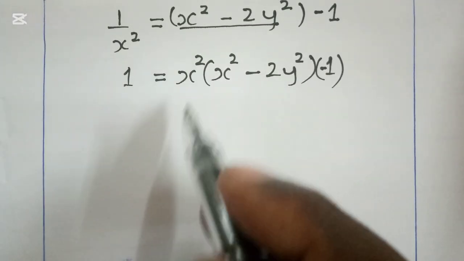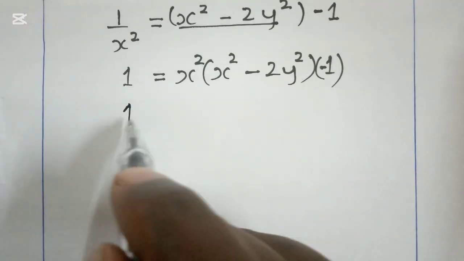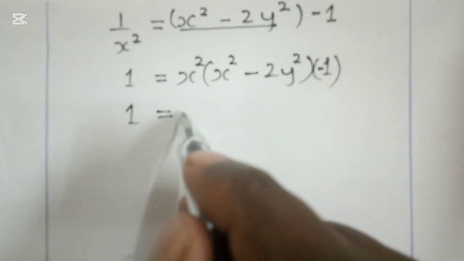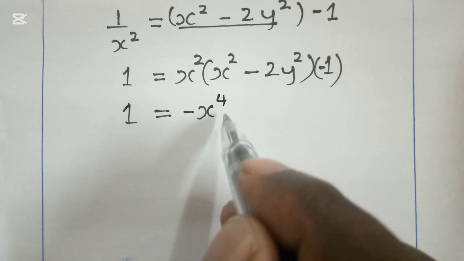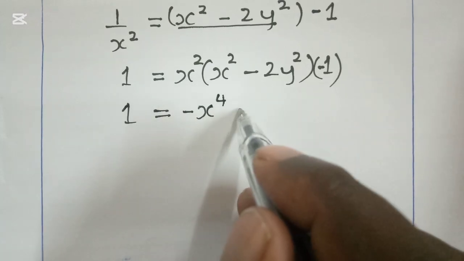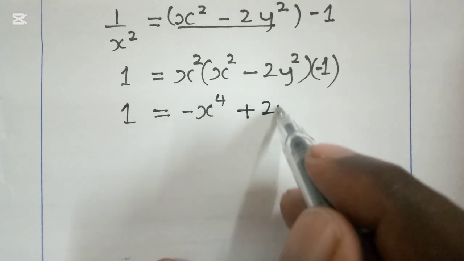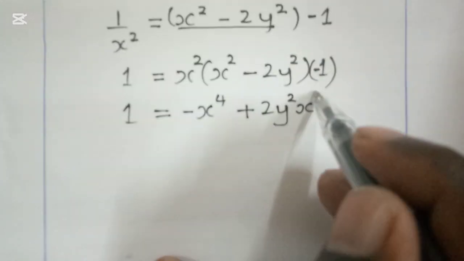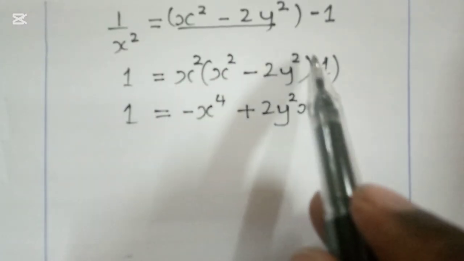So, guys, that is with the figures on this side. We shall have 1 equals to, I can combine even these ones, so that I'll have negative x raised to 4, and then plus 2y squared x squared. I have already taken out the bracket.